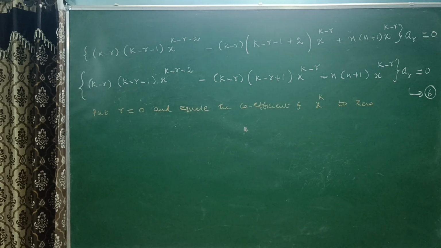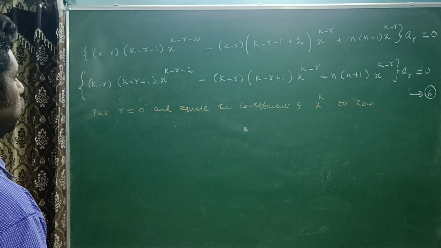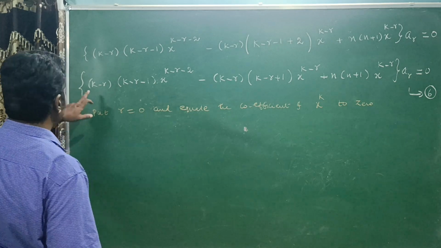In equation 6, put r equal to 0 and equate the coefficient of x power k to 0.